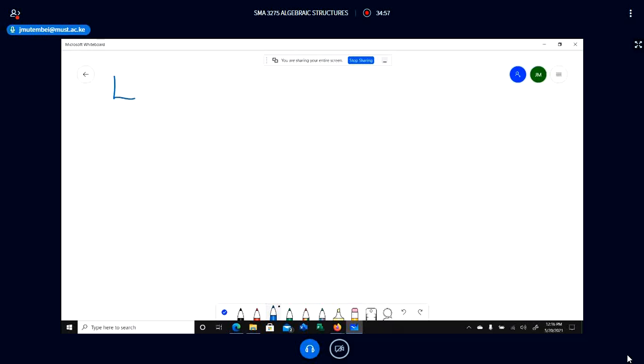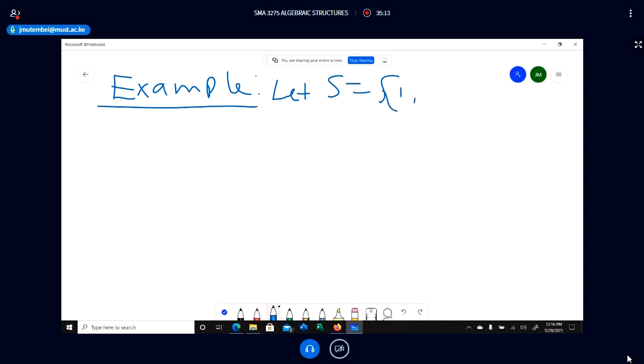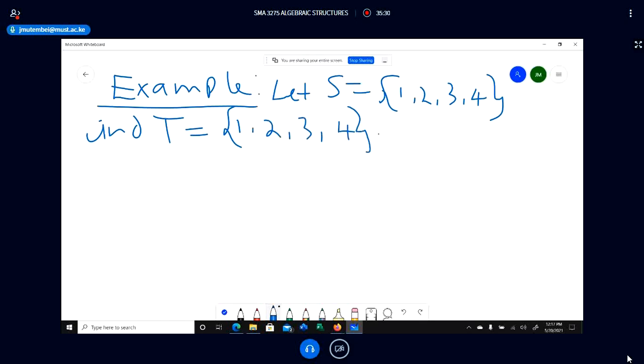So, example, we can take two sets S and T. Let S be the set 1, 2, 3, 4, and T be another set with elements, say 1, 2, 3, 4.